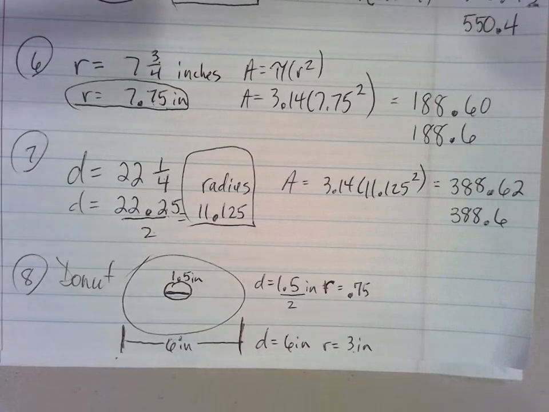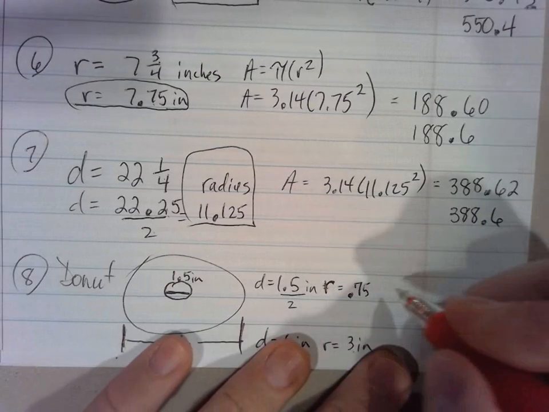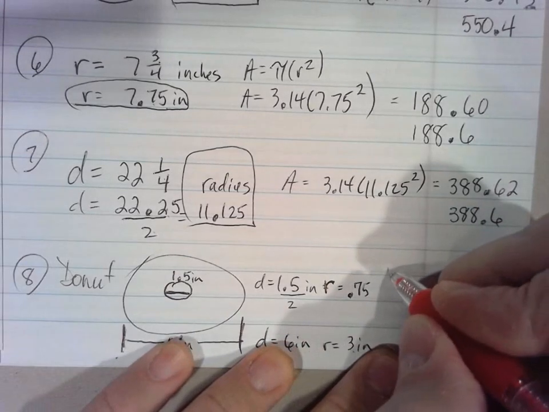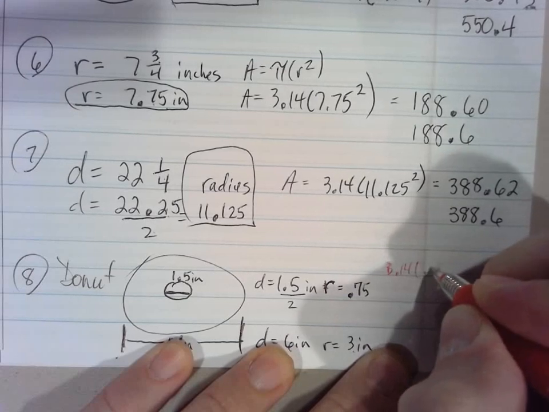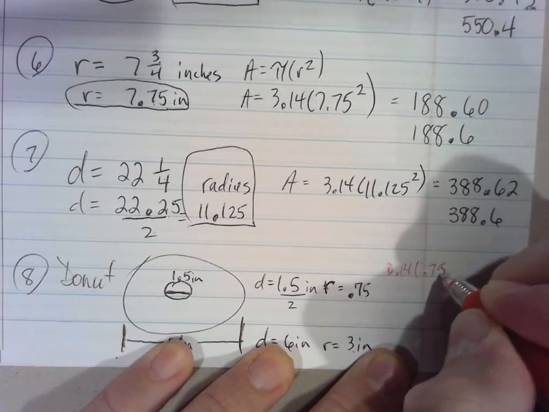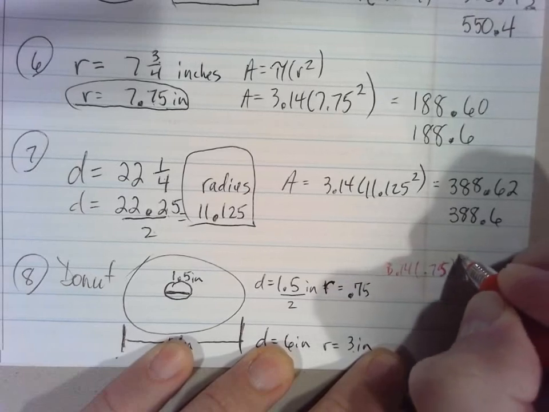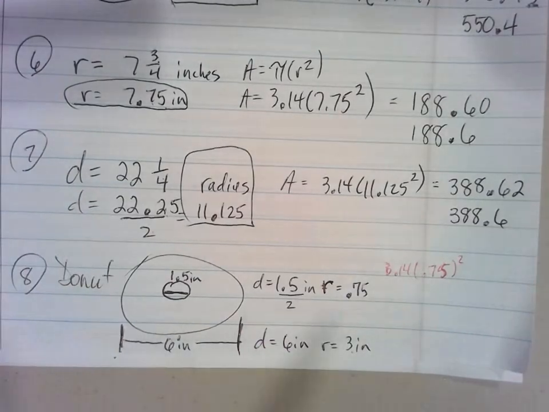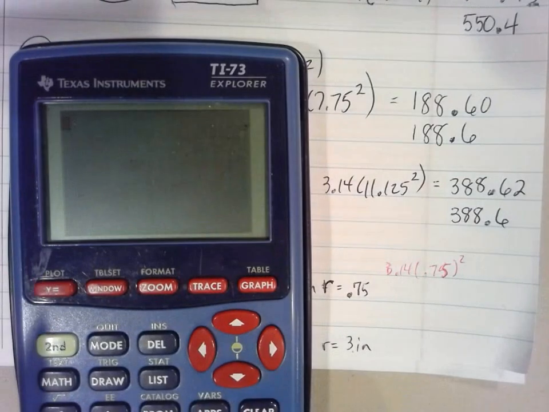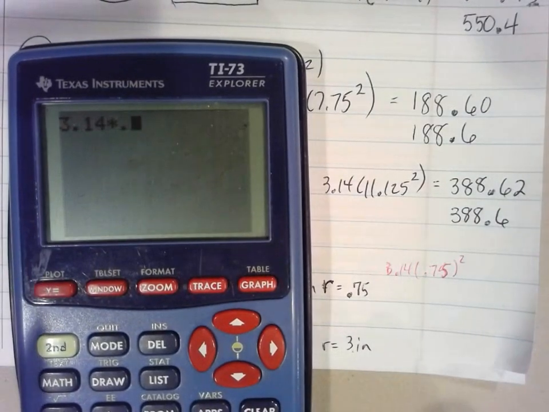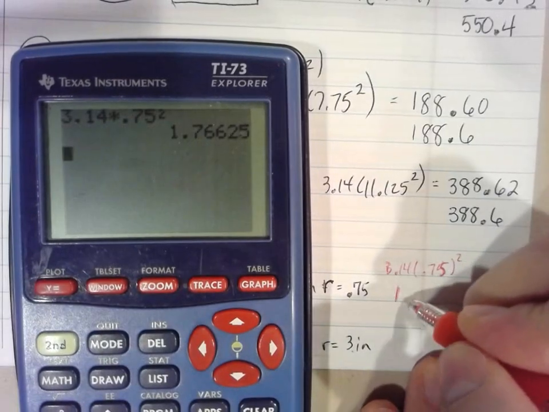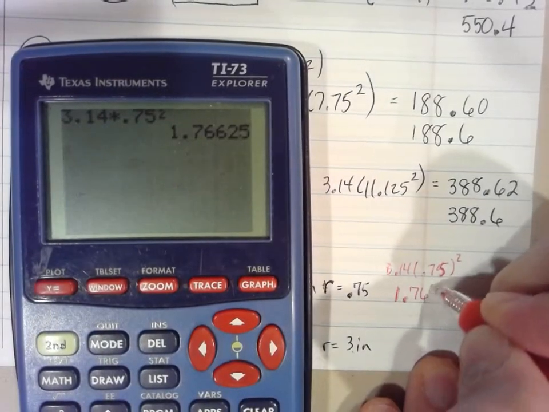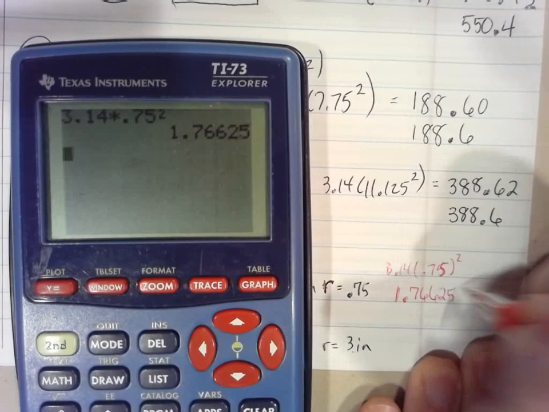Okay, so now I'll use a little different color here just to help see these two different numbers. Alright, so for this one, I'm doing pi times 0.75 squared. Alright. Pi times 0.75 squared is 1.76625.